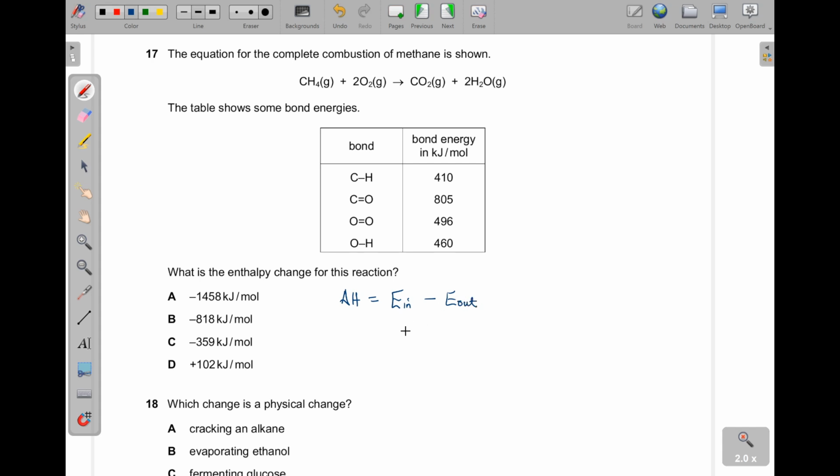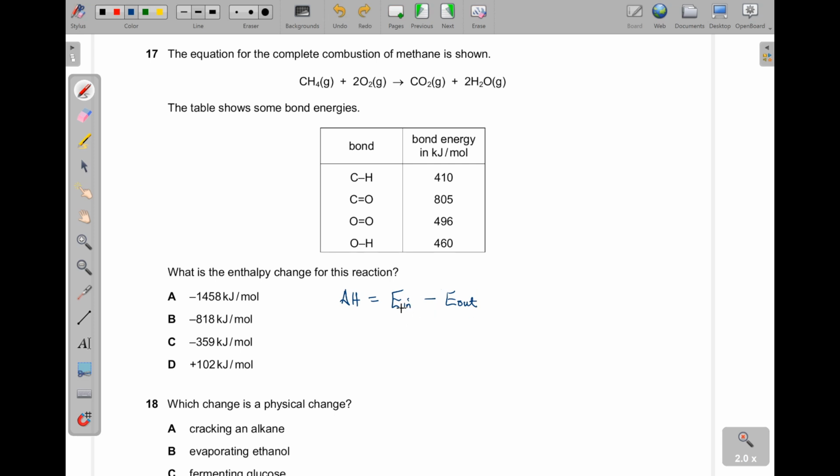Or I would say the energy of breaking the bonds plus the energy of forming the bonds. But bond formation is exothermic, and exothermic reactions are having a negative. You see that? So that's why we just put here negative.